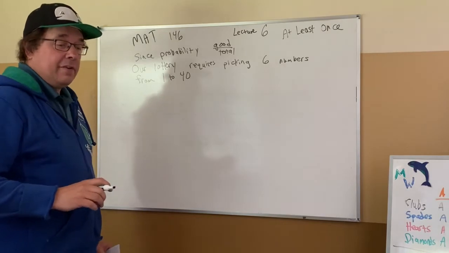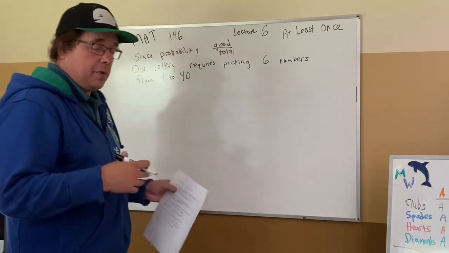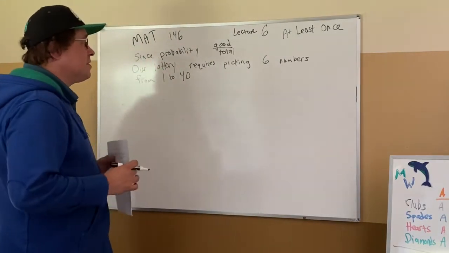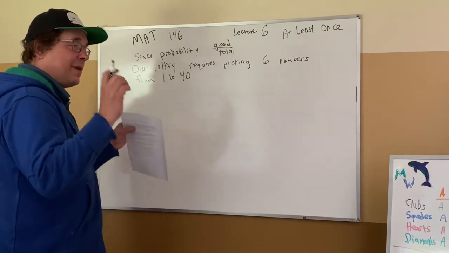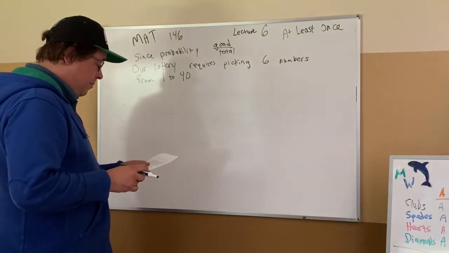But if you know the lotto, it doesn't matter what order they come up in. So you're not looking for a permutation, you're looking for a combination, where the set of 6 numbers that you pick is the right set to match the ones that come up when they draw them out of a barrel with 40 balls in them.